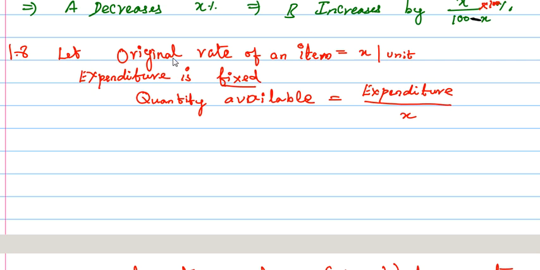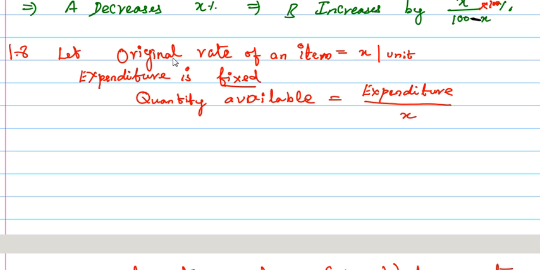But now you are going to buy rice for 1200. So you may get the original quantity. If 1 kg of rice is 60 rupees, then using 1200 you may get 20 kg of rice, right?